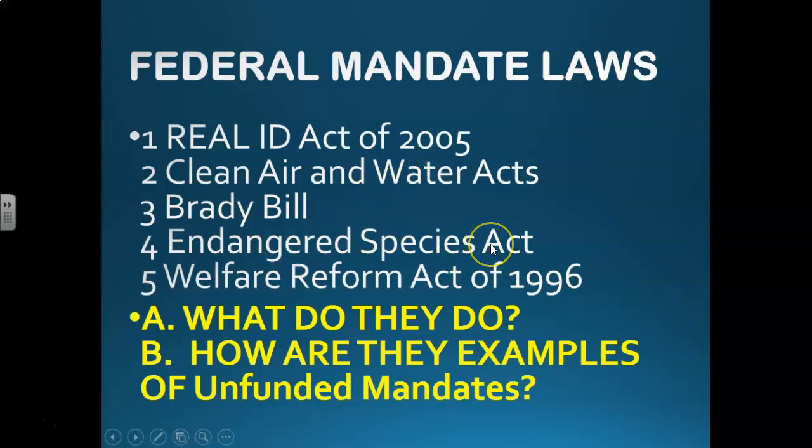The Endangered Species Act basically says you have to protect these animals and we're not paying for it. The Brady Bill basically outlawed some guns and restricted guns. And then the Welfare Reform Act basically said, states, you're going to have to change how you do your welfare system, and we're not going to pay for it. So these are some other unfunded mandates.